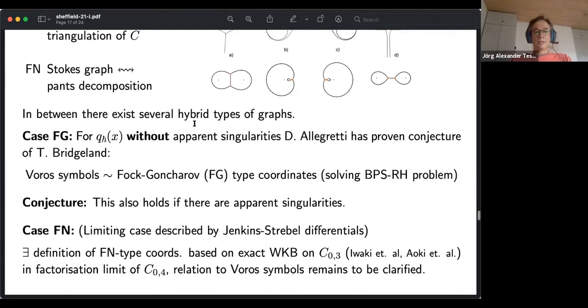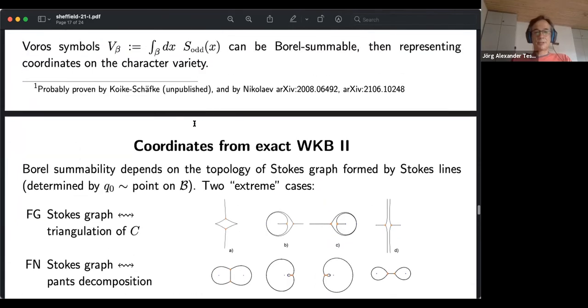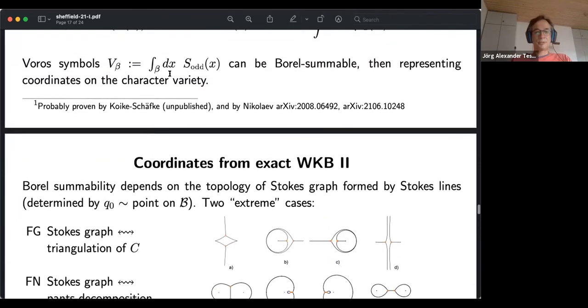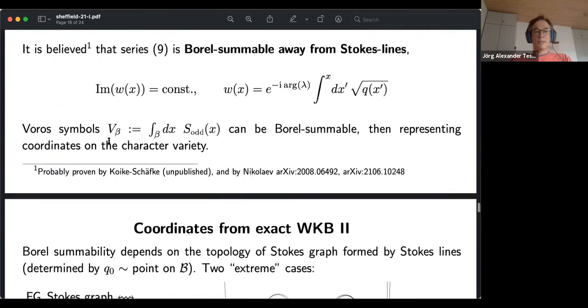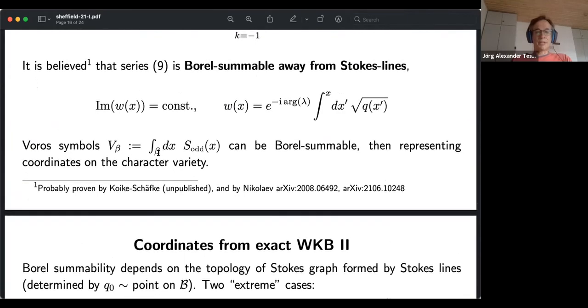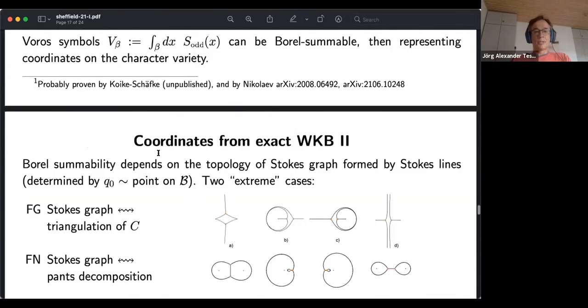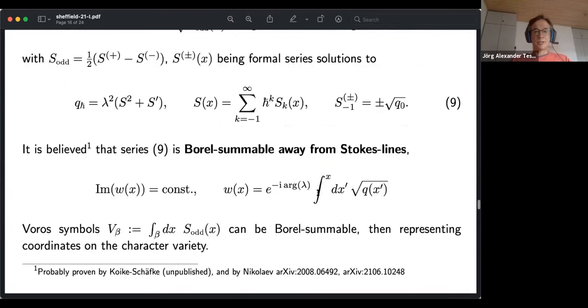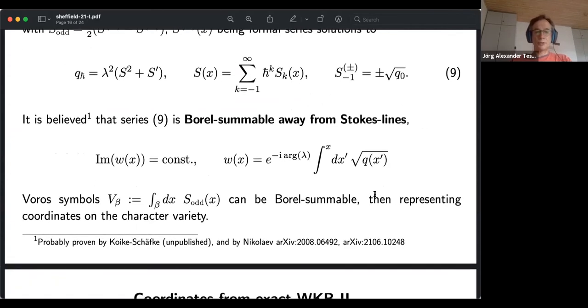All right, again, I want to apologize that I have to be so extremely brief and sketchy here. A key player then are these Voros symbols, which are integrals over S odd along cycles on the cover, on which this square root of Q is defined. So that is the spectral curve that has figured prominently in Andy's talk.